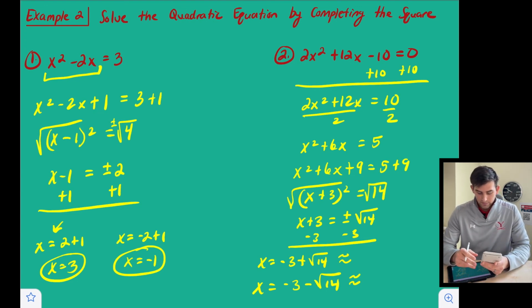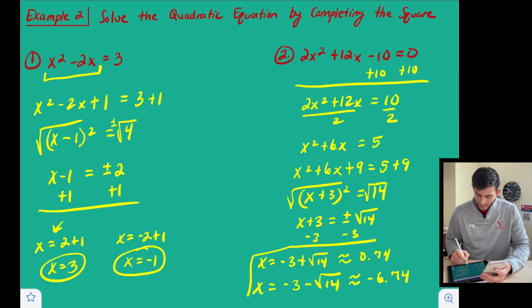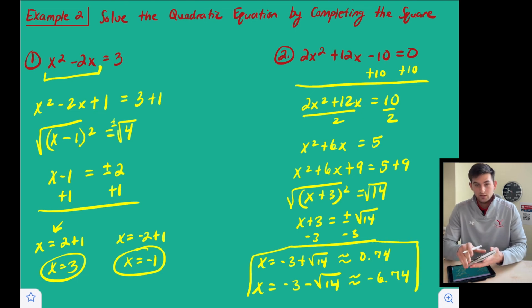So negative 3 plus the square root of 14 gives me 0.74, right? We're rounding to the nearest 100th. And negative 3 minus the square root of 14 gives me negative 6.74. And that is how we use completing the square to solve a quadratic equation.